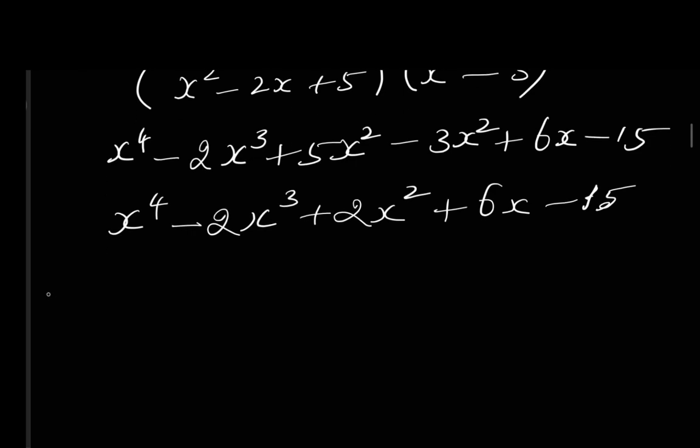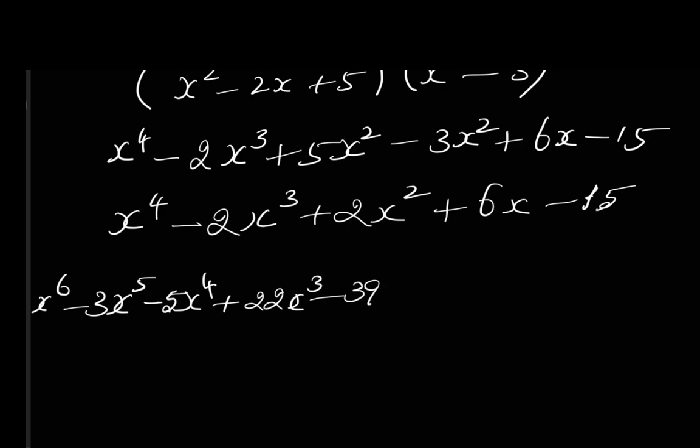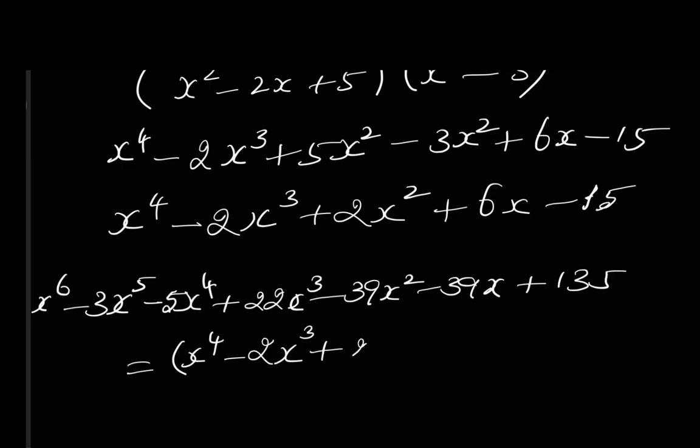Now let me write the whole expression: x power 6 minus 3x power 5 minus 5x power 4 plus 22x power 3 minus 39x squared minus 39x plus 135 is equal to the combined factors, x power 4 minus 2x cube plus 2x squared plus 6x minus 15, into one more factor.